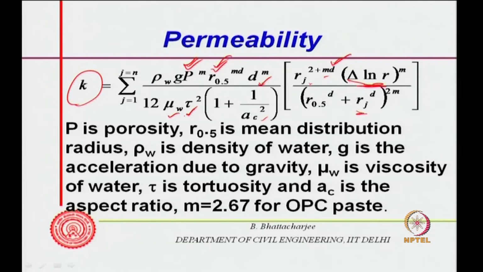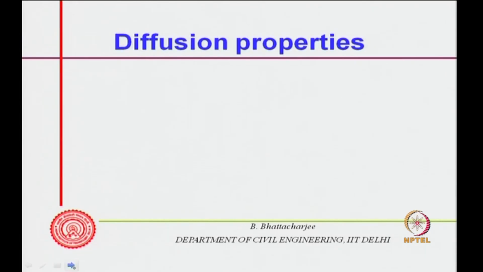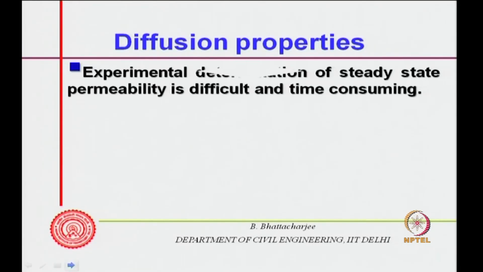Then it depends upon tortuosity, which can also be related to the material and age, viscosity of water, and so on, and aspect ratio of pores, which in the simplest case can be 1 for a circle.